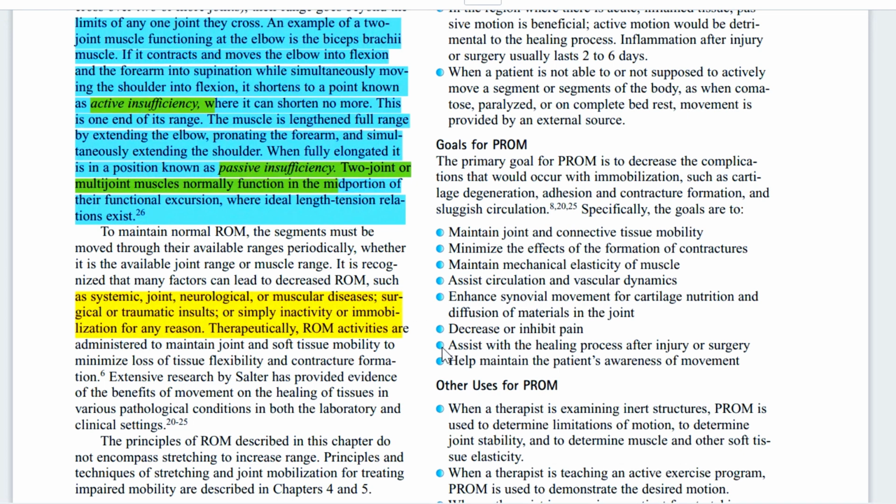It can really affect the early healing processes after any injury or surgery. After that, it helps to maintain the patient's awareness of movement. You have to tell the patient that it is a long process and they have to work with us.